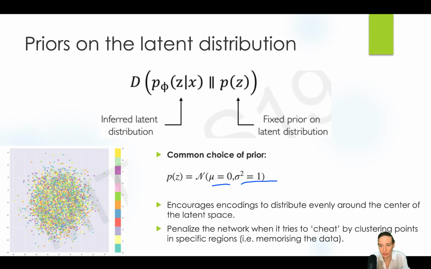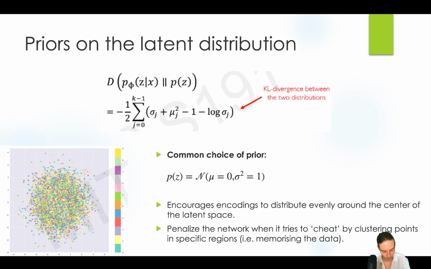So whenever the network tries to cheat by clustering points in specific regions, not all centralized in one region, then the network will be penalized. If we actually calculate this difference, KL divergence between these two probability distributions for the Gaussian case, we get this.